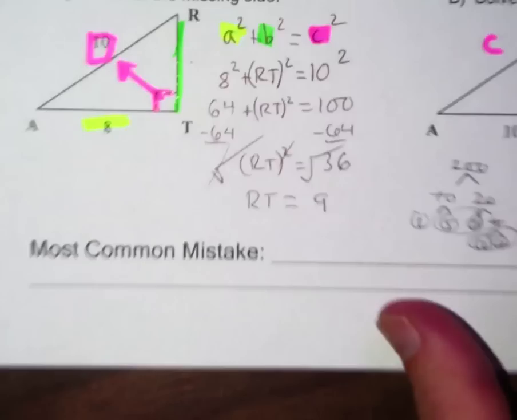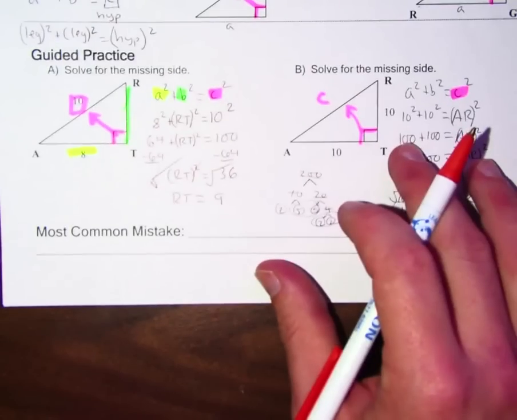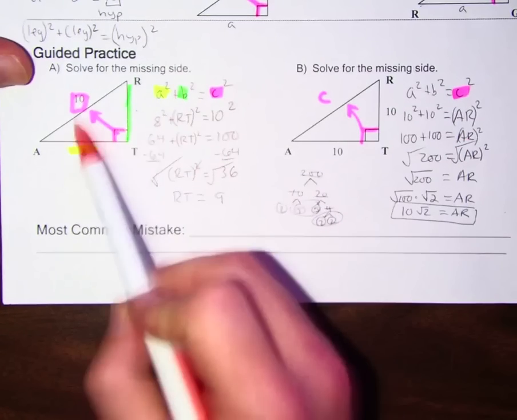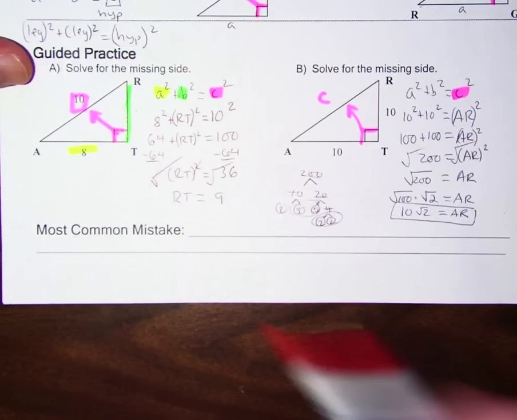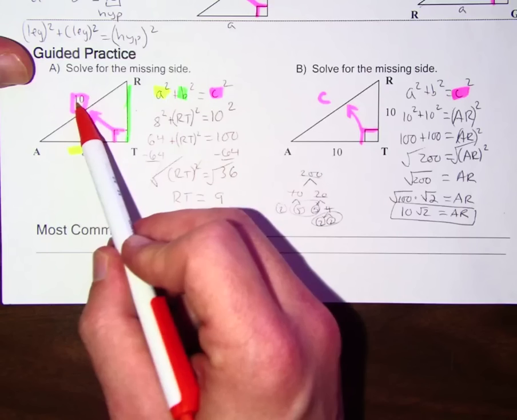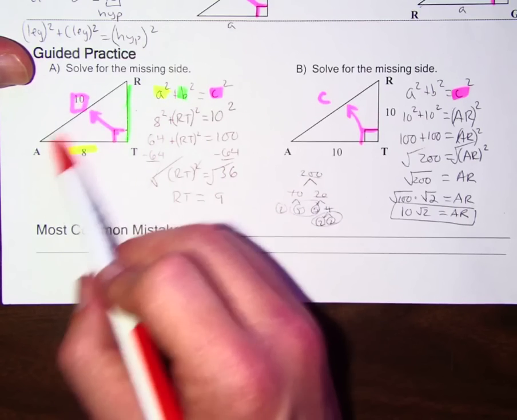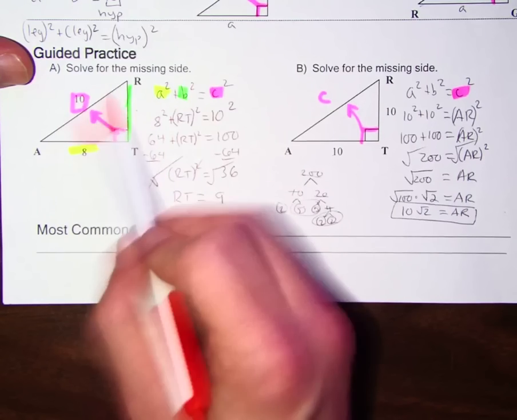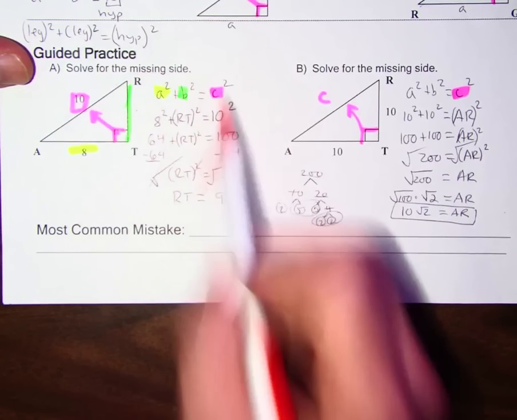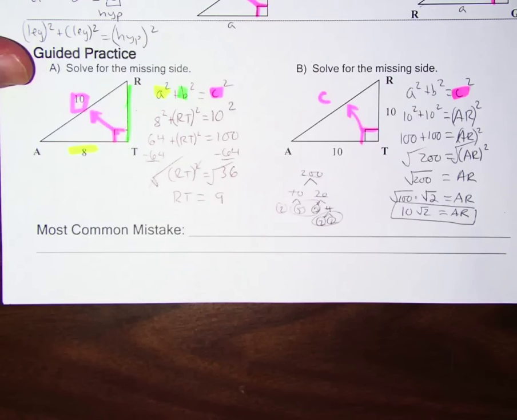What is the most common mistake in this situation? Well, it really matters that you highlight and figure out what's going where. A lot of people will simply take the first two numbers they see and put them in for the legs, even if one of those numbers is the hypotenuse, which has to go in for the c. So I suggest always starting by looking for the c.